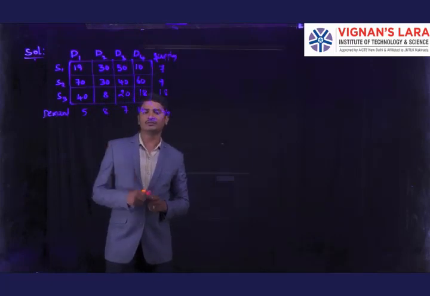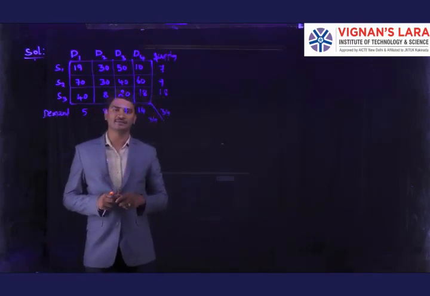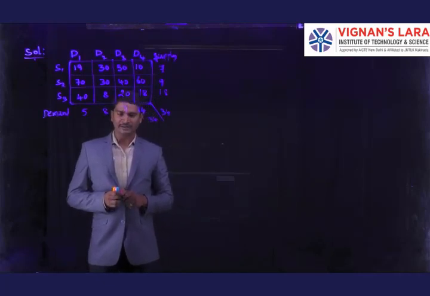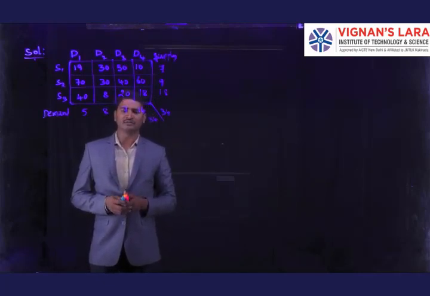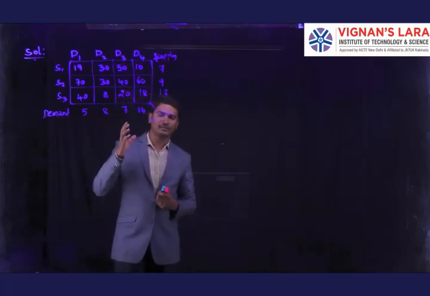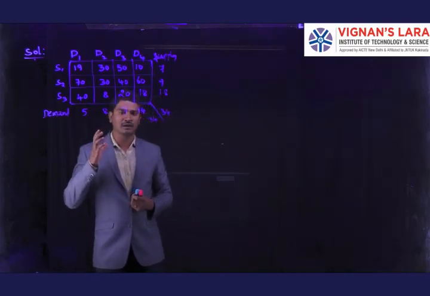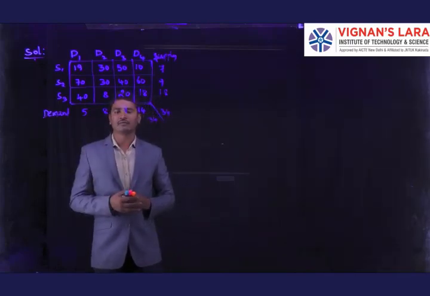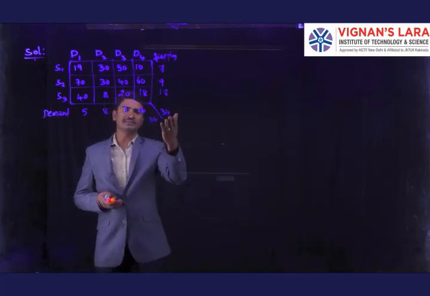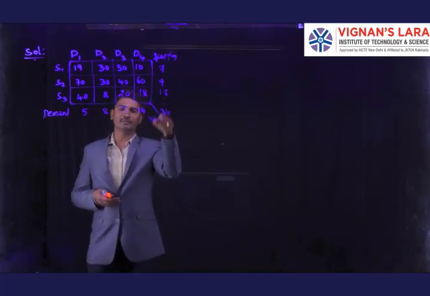Now we are going to find the initial basic feasible solution with the help of Vogel's approximation method. First of all, we have to check the rim condition: whether the given problem is balanced or not. Here the given transportation problem is a balanced transportation problem, because they are given 34 units of supply and 34 units of demand.